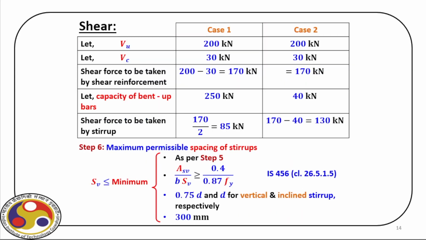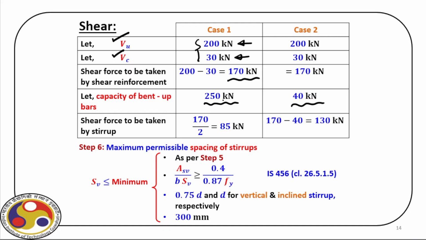Now let us put some numbers. So if we have Vu, say 200 kilonewton, Vc 30 kilonewton, then the shear force taken up by the shear reinforcement is the difference between these two, that is 170. Now if we have bent up bars, say in one situation its capacity against shear is 250, and in the other case it is 40.